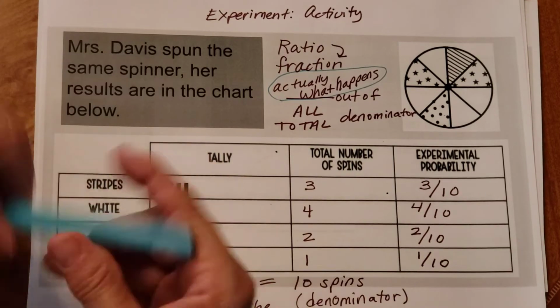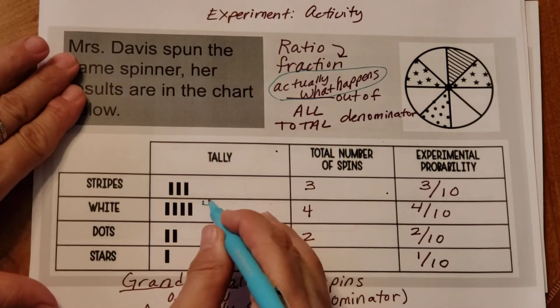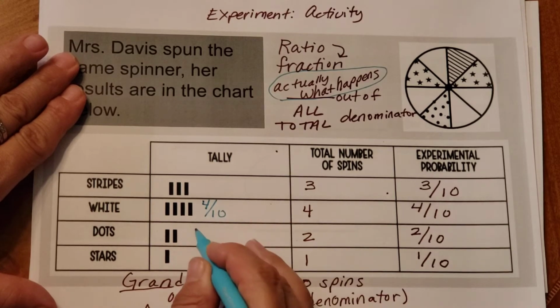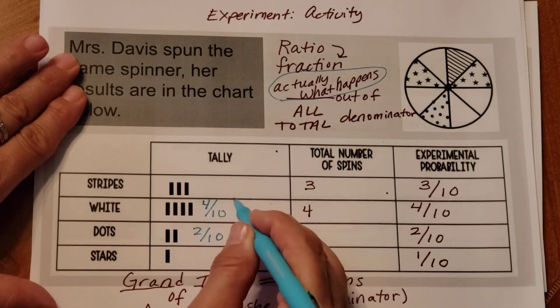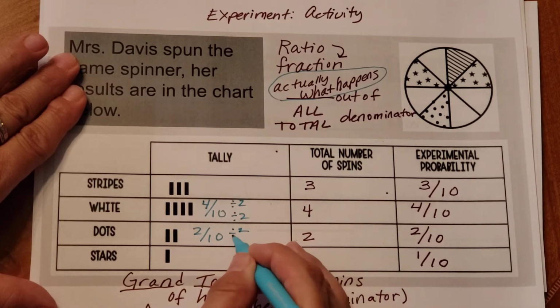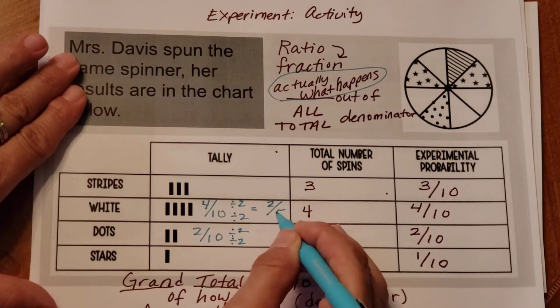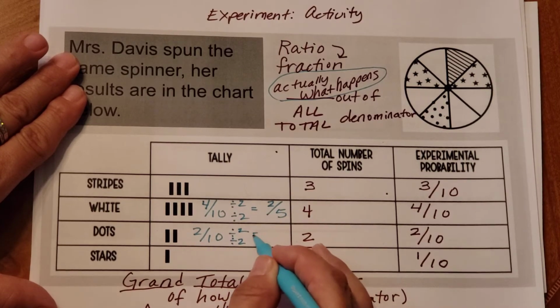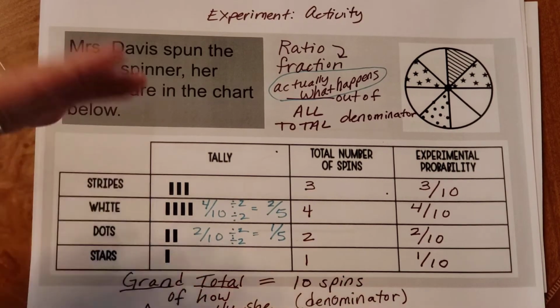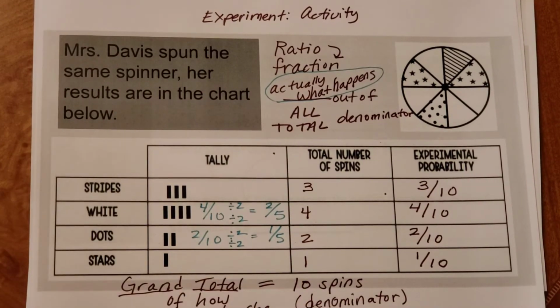Now, earlier I told you guys sometimes we reduce. The 4/10 could be reduced and the 2/10 can be reduced if you divide by the GCF of a 2. This fraction would come out to 2/5, and this fraction would come out to 1/5. But on this one, doing the reducing could be confusing for some.